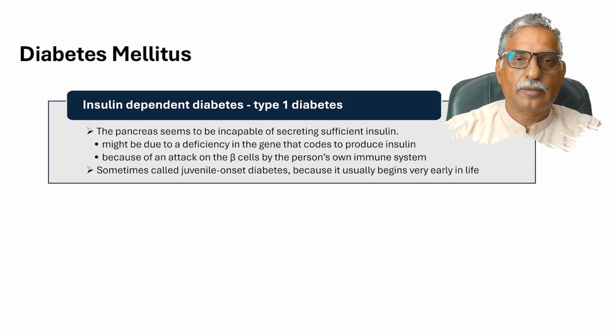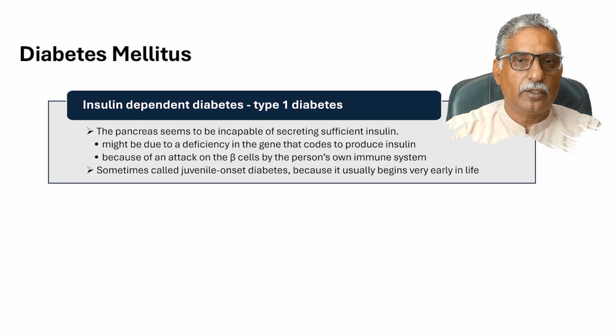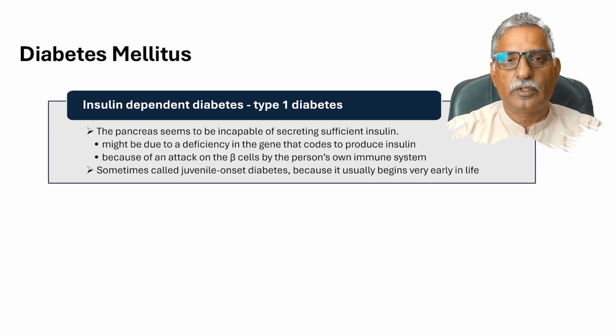So this particular type 1 diabetes patient is not producing any insulin in the blood, or may be producing very little insulin. Now this could be due to certain reasons.